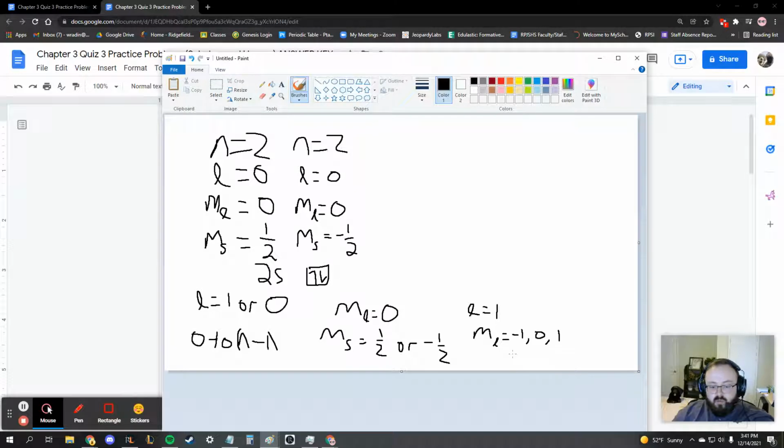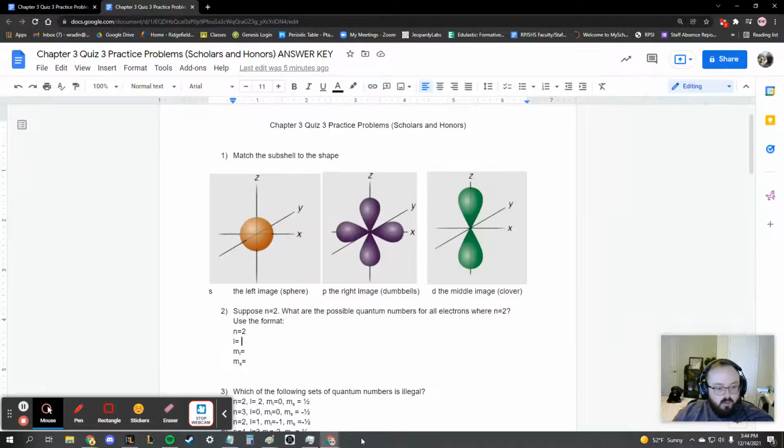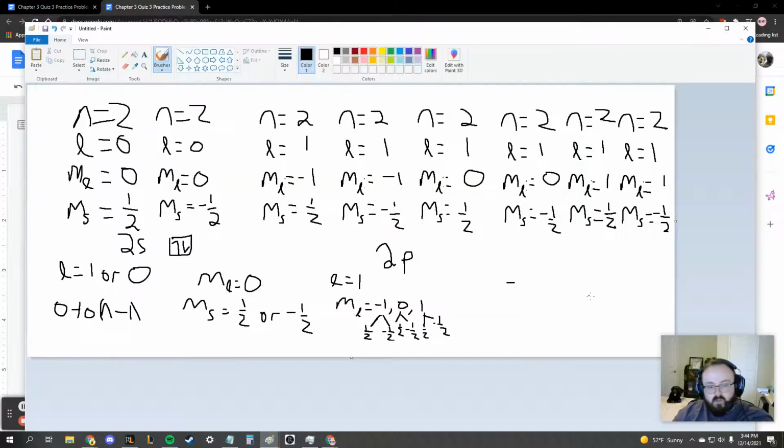Because there can be 2 electrons in each one of these orbitals, there's a total of 6 electrons in our 2p orbitals. This is our 2p orbitals. So I'm going to draw all this rather than do it right here, and I will be back with that. Alright, so I have finished my drawing here.